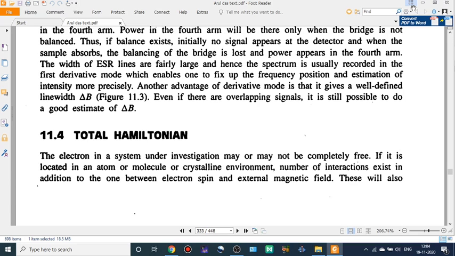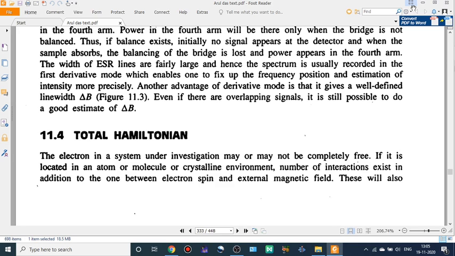Okay, in hyperfine splitting, there is an interaction between the nucleus and the electron spin. In addition to this, the electron spin splits into ESR lines in the presence of the magnetic field. If this interacts with the nucleus, we will get hyperfine splitting also.